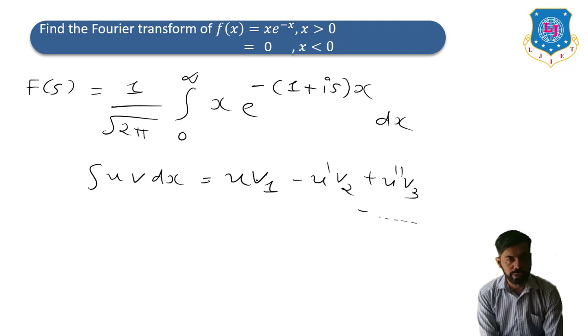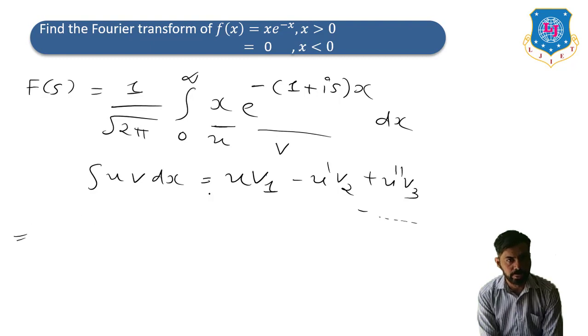Here v1 is the integration of v and u dash is the derivative of u. Same way u double dash is the derivative of u dash, v2 is the integration of v1, and v3 is the integration of v2. Now here x is an algebraic function, so we will consider x as u, and e raised to is an exponential function, so we will consider it as v.